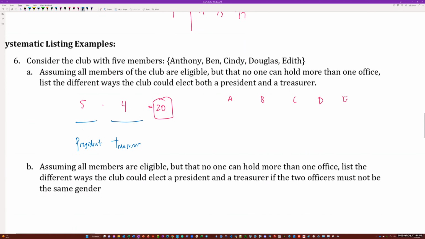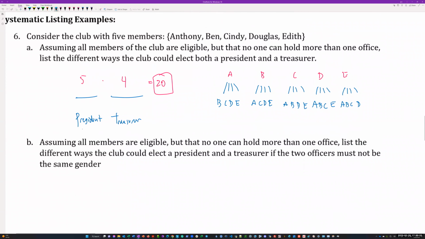And for each of those people, there would be 4 choices for the number of people you could then pick for treasurer. Does that make sense? So 5 times 4. Is that right? Question? You understand?